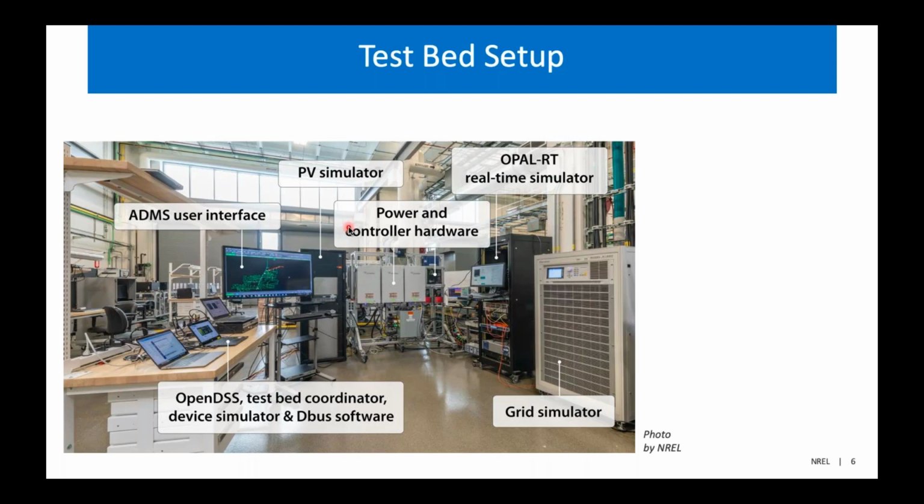And then here to the right, we show some examples of hardware. On the back of this rack, we have a PV inverter. We have some LTC and cap bank controller hardware. I'll talk a little bit later about this Ferentech hardware, and then the supporting PV simulator and grid simulator. And then, of course, the OPAL-RT real-time simulator that we use to simulate part of the network.